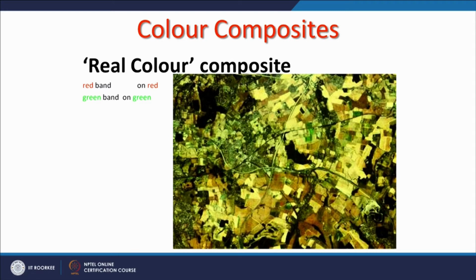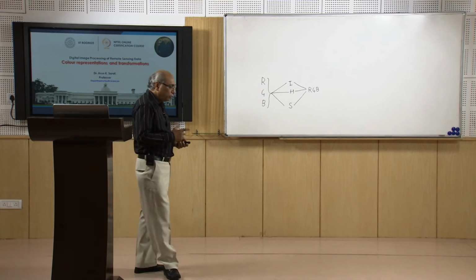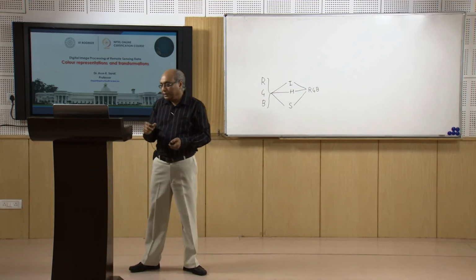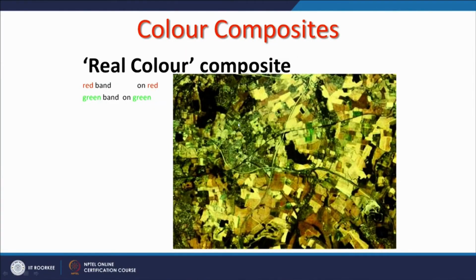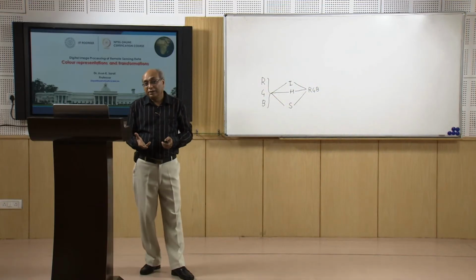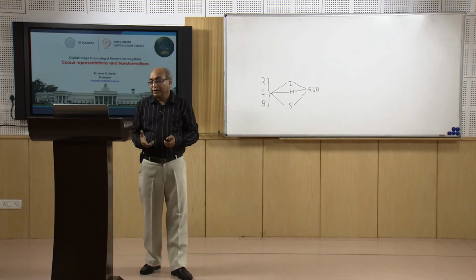Near real color composite image, but generally for better interpretations we prefer false color composite, because vegetation here is coming quite dark, and therefore it becomes very difficult. In true color images or near real color images, the vegetation should appear green, but it is not.